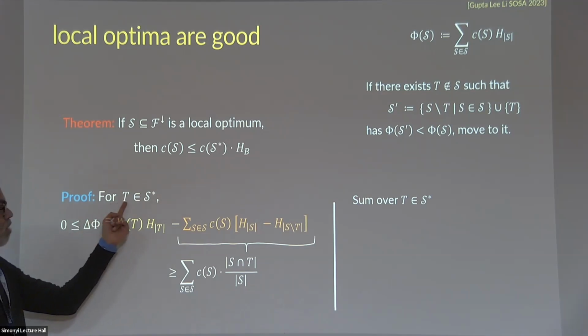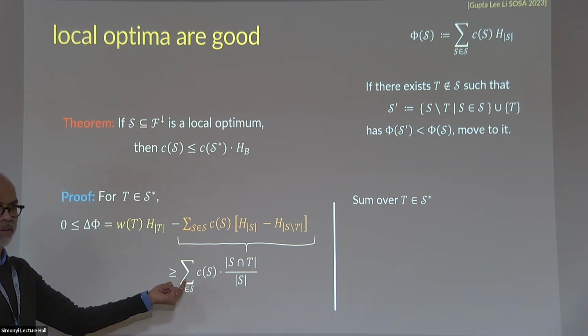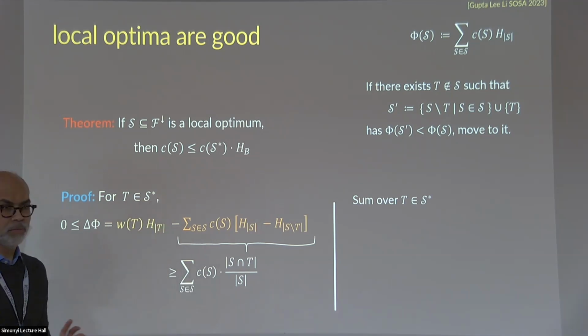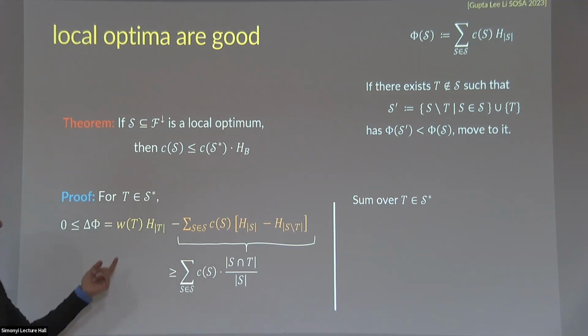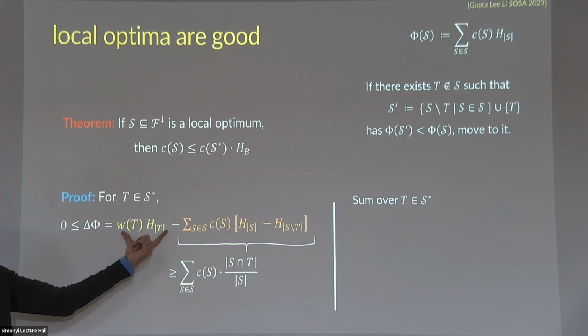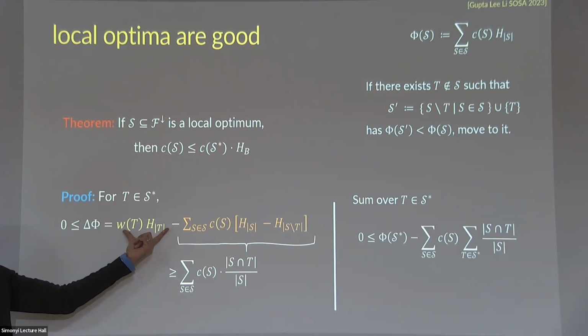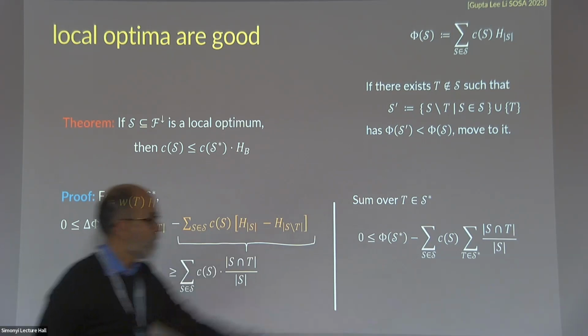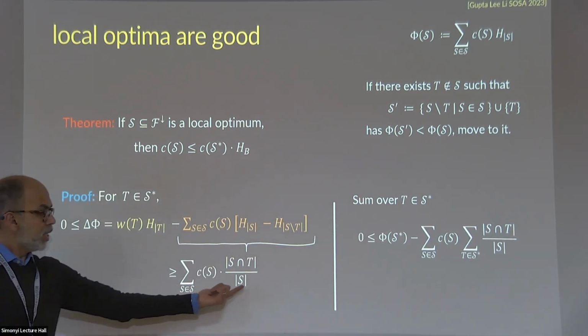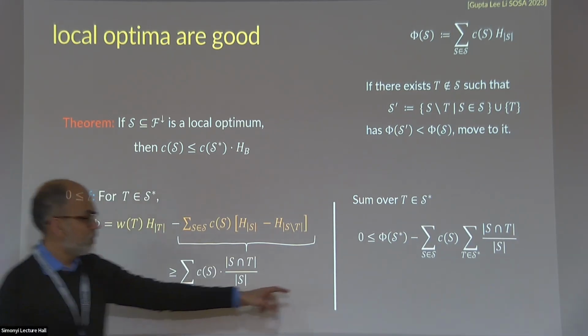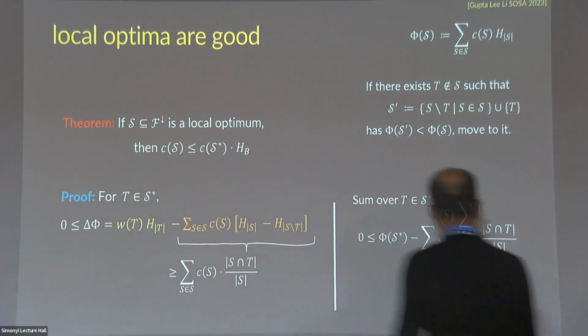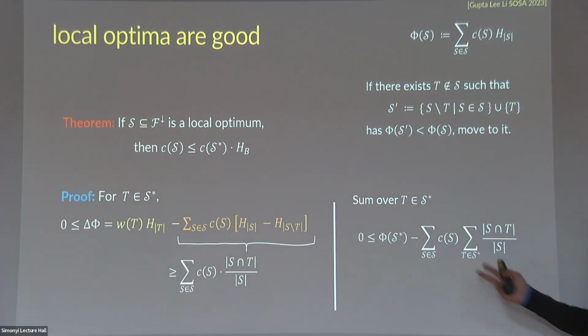This is true for every set in opt. So let's sum over all the sets in opt. This term, summed over all the sets in opt, is exactly the potential of opt. And this, summed over all the sets in opt, the summation over all the sets in opt just moves over to the other side.